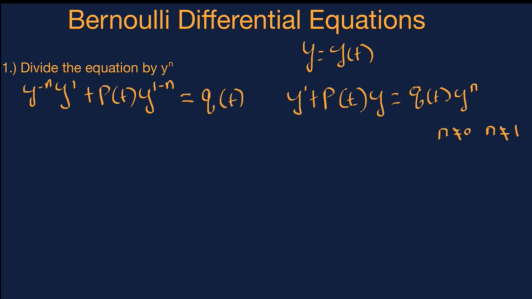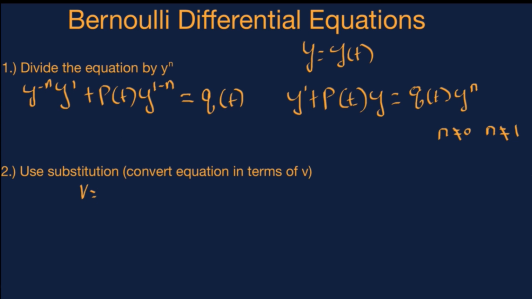The next step is to use substitution to convert this equation in terms of v. And we do that by saying that v is equal to this function y raised to the power of 1 minus n. And so now remember that y is a function of t, so that means that v is also a function of t. So when we differentiate v, on the right side we would have to use the chain rule.